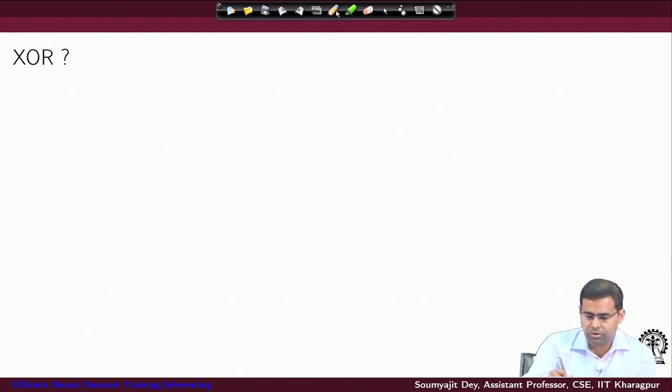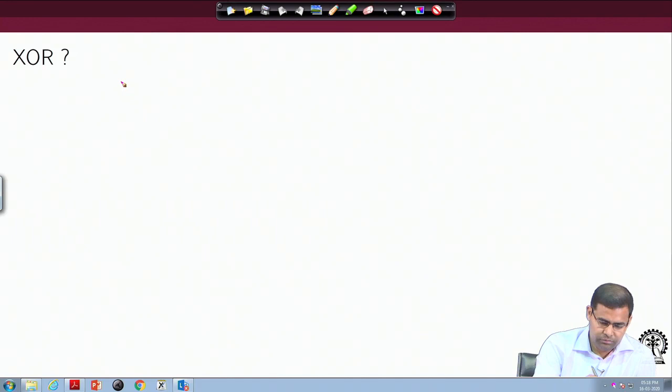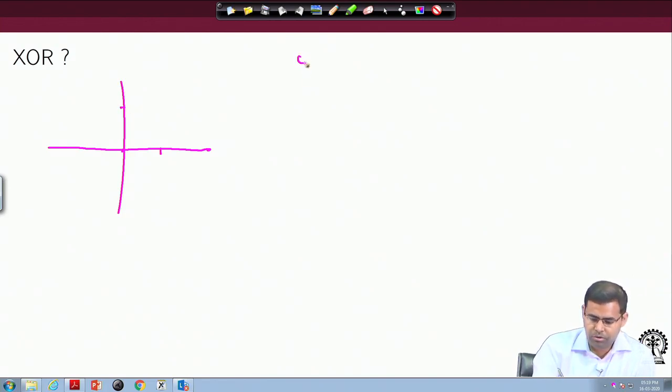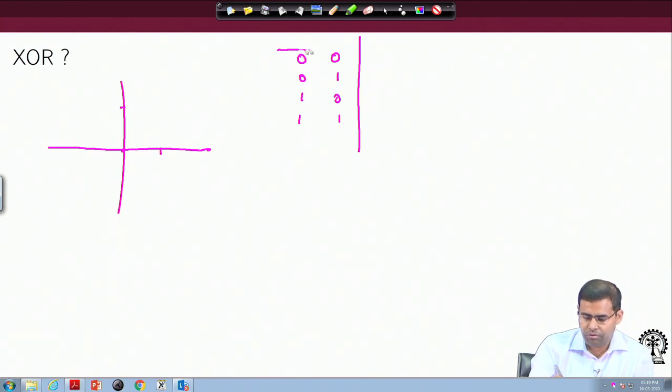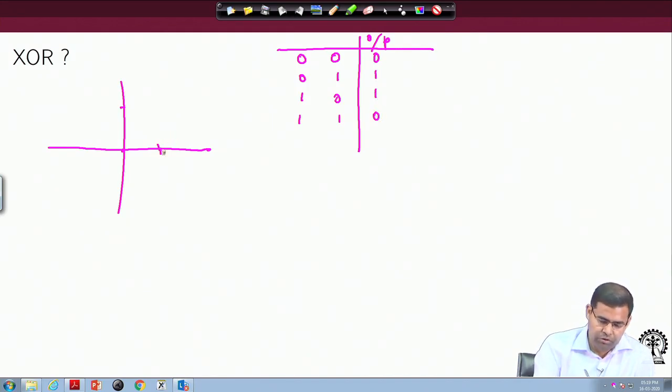So, if I consider XOR, considering the truth table of XOR, we have the positive output here, and this is the output corresponding to the other class.